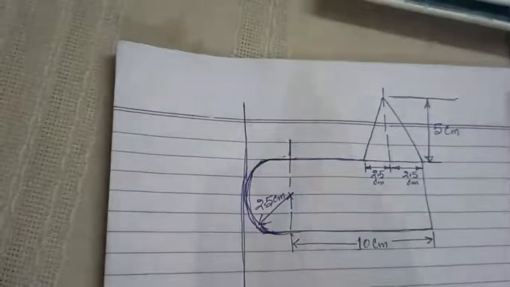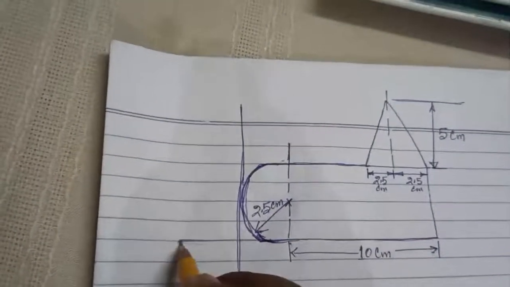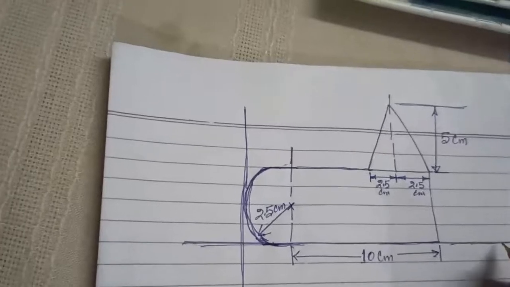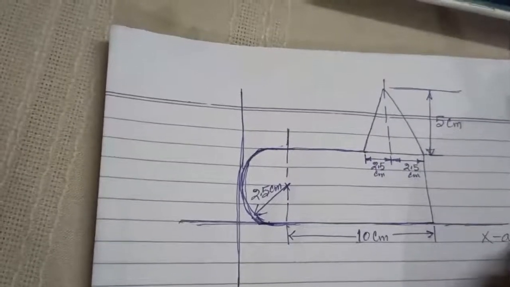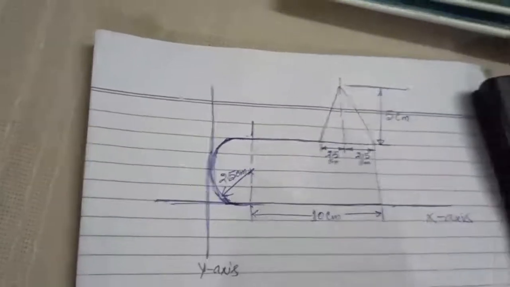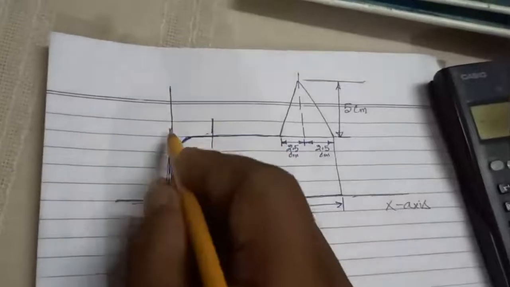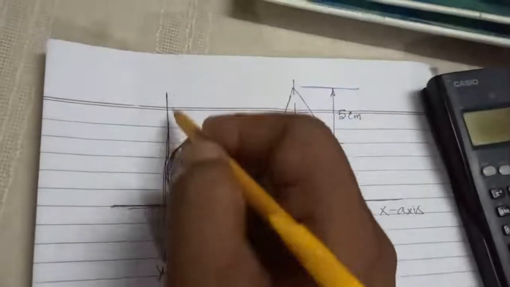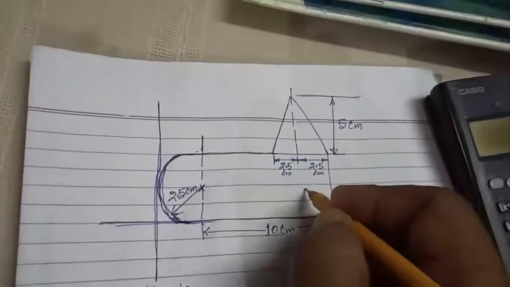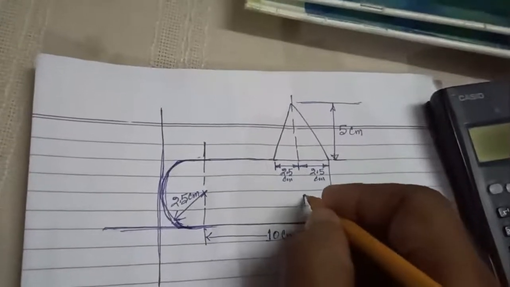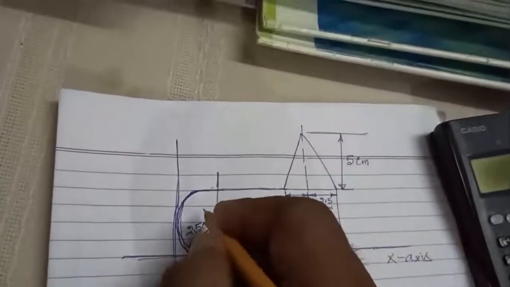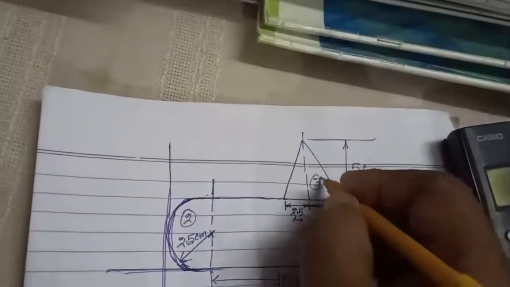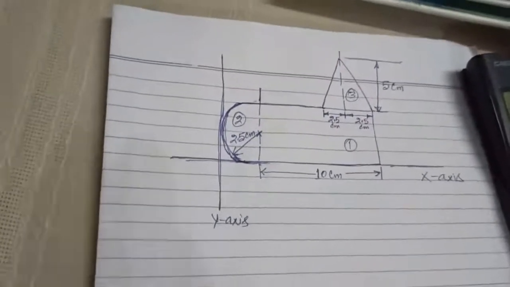This is a reference line, and the other reference line we have taken like this along x-axis. So we have taken these two reference lines. One is along x-axis and the other one is along y-axis. Now we have to divide this figure into well-known shapes. So first is the rectangle, second is the semicircle, and third one is the isosceles triangle.